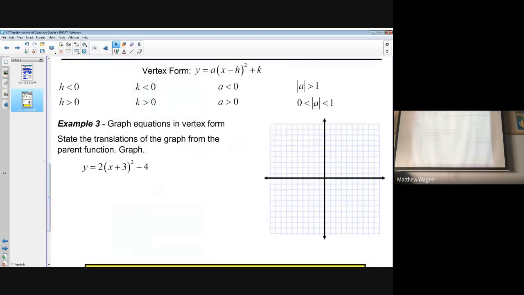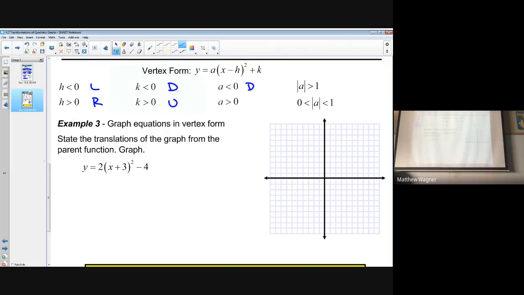As we go into things down here, looking more specifically at vertex form, if our H is less than 0, our graph moves left. If it's greater than 0, it's going to move to the right. If our K value is negative, it's going to move down. If our K value is positive, it moves up. If our A value is less than 0, it opens down.